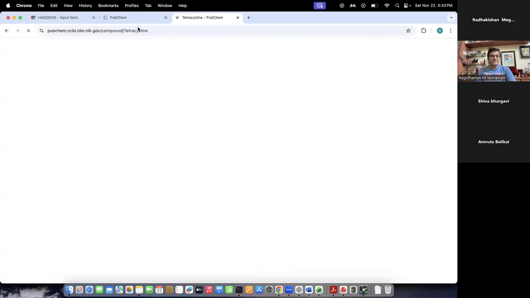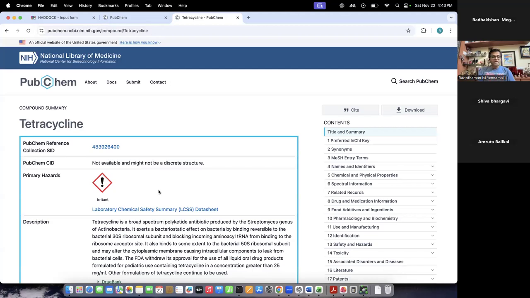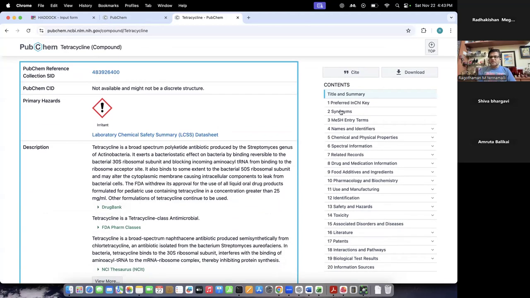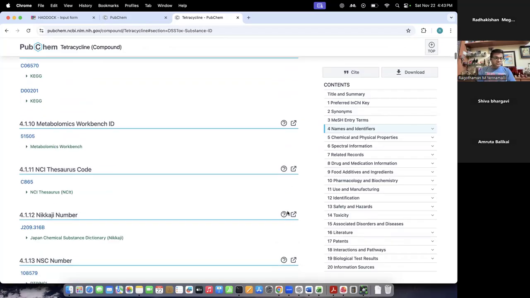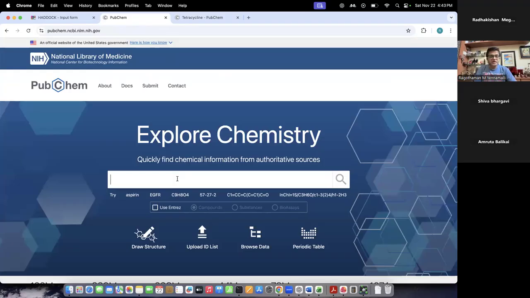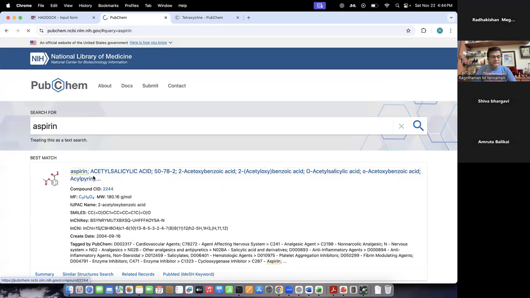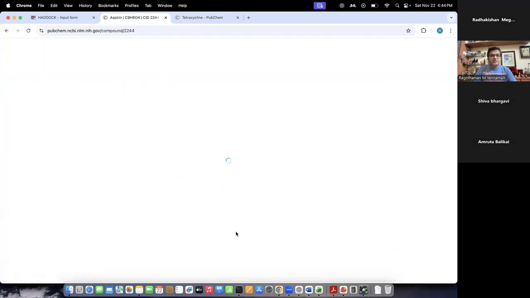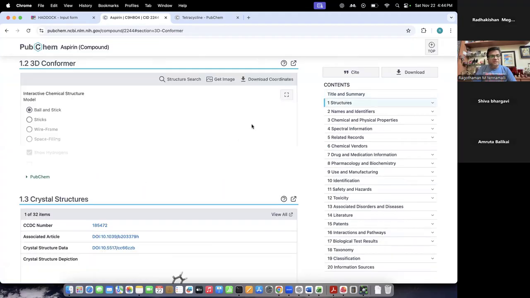I'm just taking tetracycline as an example. Then, if this is a poor molecule example, let me take aspirin instead. Okay, go to aspirin, and then I go to the 3D.